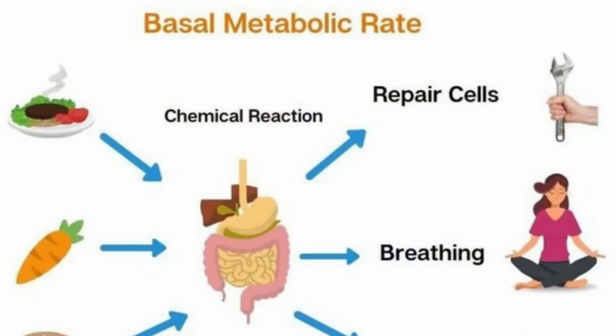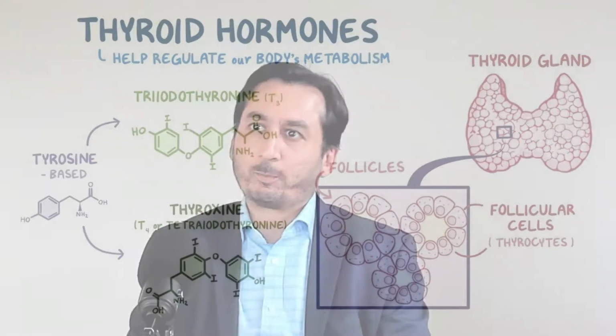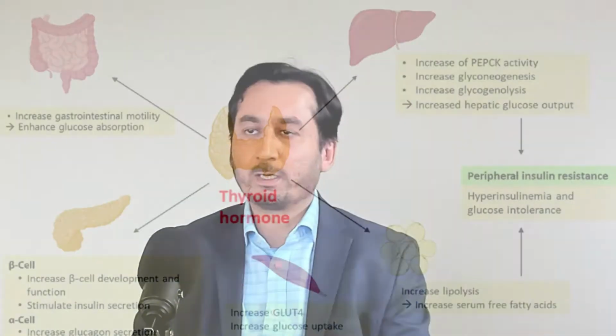As I mentioned, it is a very important hormone in the body. So its main function is to regulate basal metabolic rate in the body, which simply means that whatever calories we are eating, and the body is utilizing that, and that is regulated by thyroid hormone.